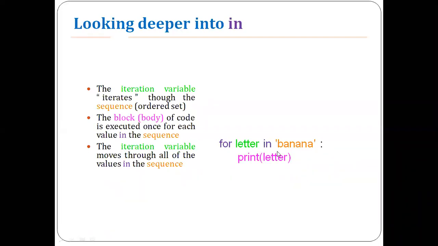So that is the advantage of the iteration variable and the in, right? The iteration variable iterates through the sequence, that is the ordered set. The block of code is executed once for each value in the sequence. The iteration variable moves through all of the values in the sequence, right? So that's exactly what we have.